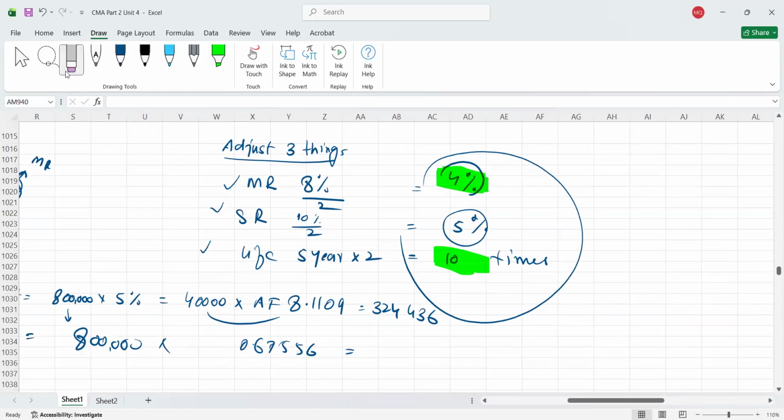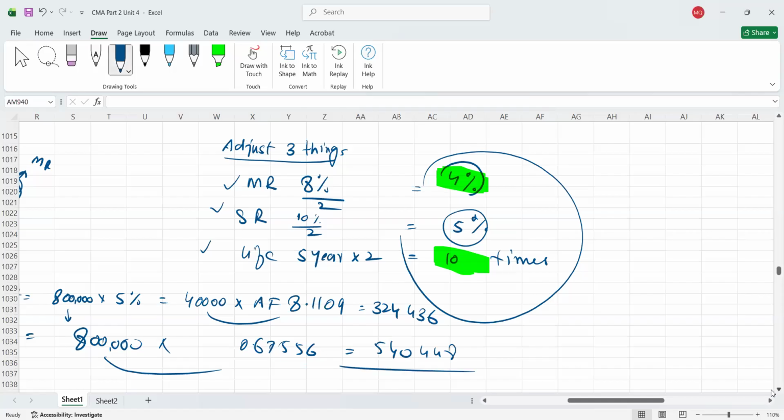Multiply 800,000 times 0.67556. You will get 540,448.